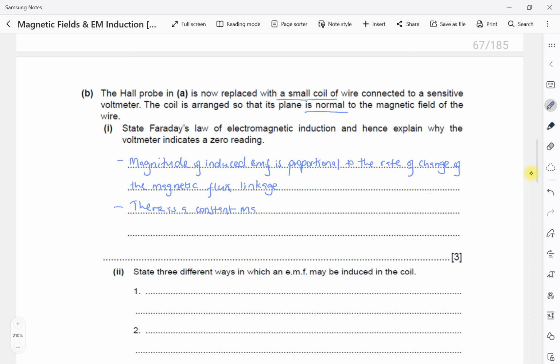Because the wire is carrying direct current, there will be a constant magnetic field. There's a constant magnetic field that is due to a constant current.